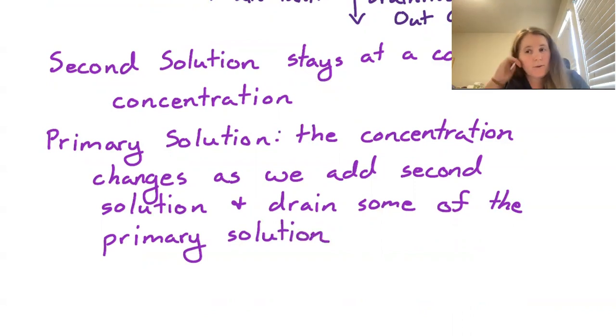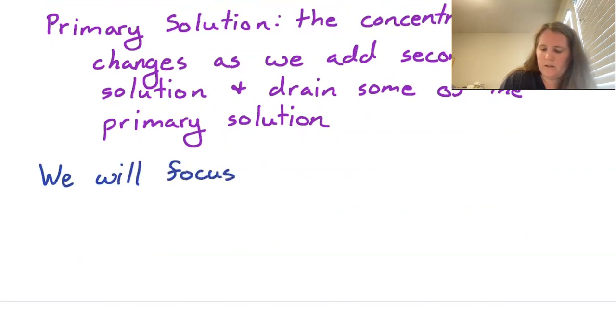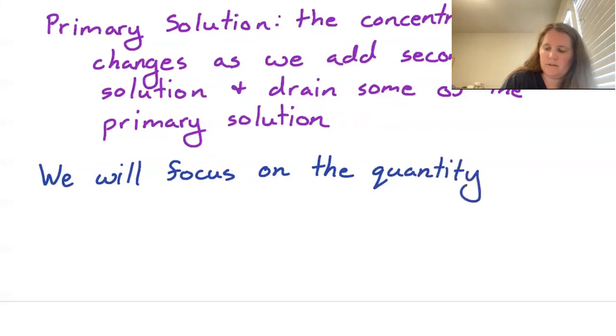So what we are going to focus on here is the actual quantity of substance in the primary solution. So we will focus on the quantity of, in this case, salt in the main tank.